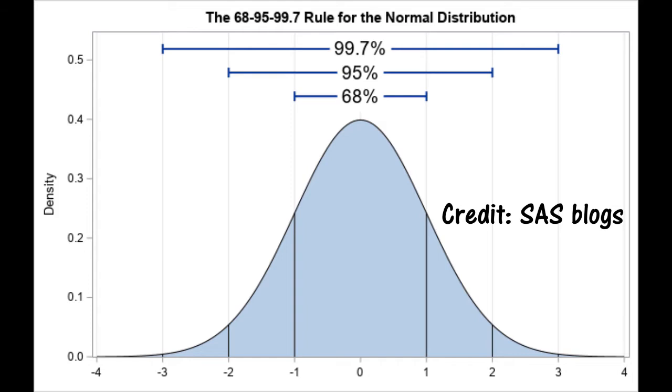All data points within the curve are possible to be seen as a result of the sampling process, but data points that are farther from the mean are less likely to be seen. So 68% of the data points are within plus or minus 1 standard deviation from the mean, while 99.7% of the data points are within plus or minus 3 standard deviations from the mean.